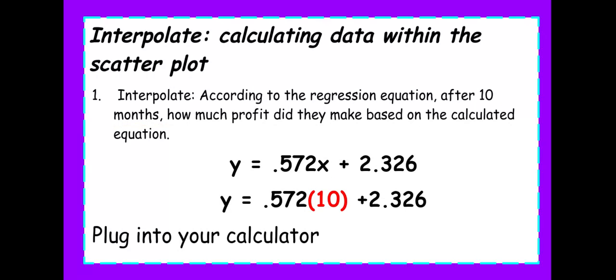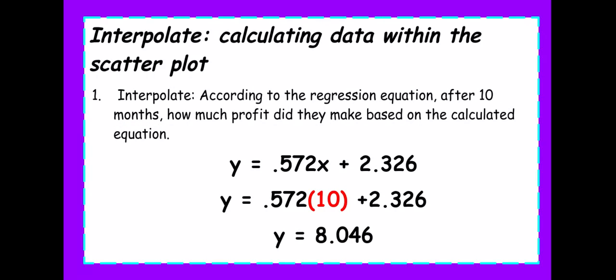Then we're going to plug it into our calculator, and we should get 8.046, which is $8,046 in profit. So that's what we're going to be doing today, calculating linear regression equations and plugging in for x to find different values for predictions.